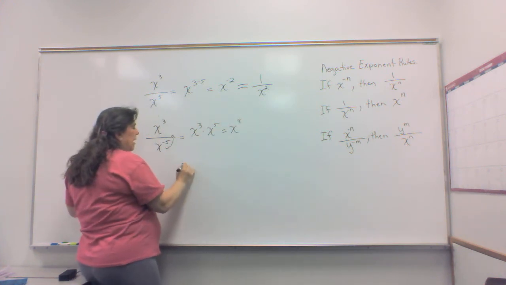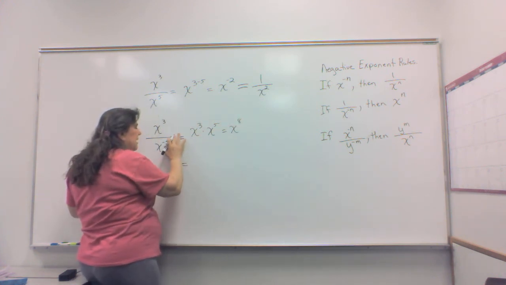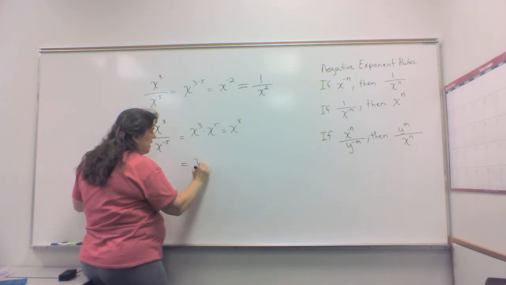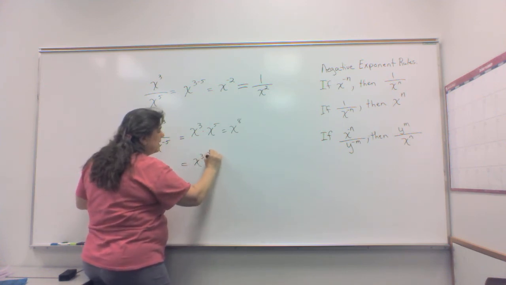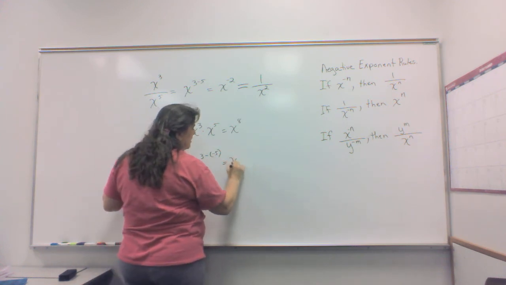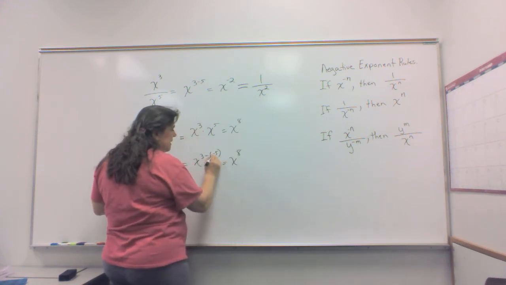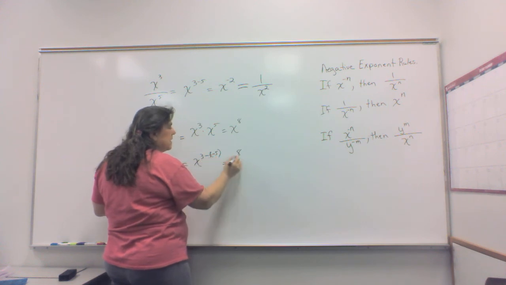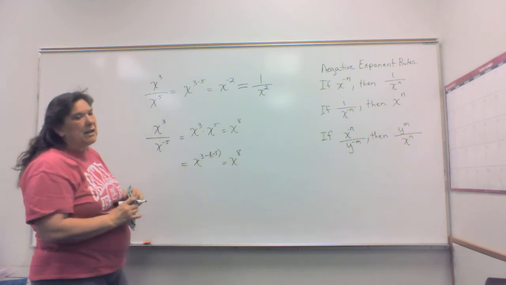Or I can treat it just exactly like it is and have x to the 3 minus negative 5, which is going to give you x to the 8th power, because minus a negative becomes a plus.